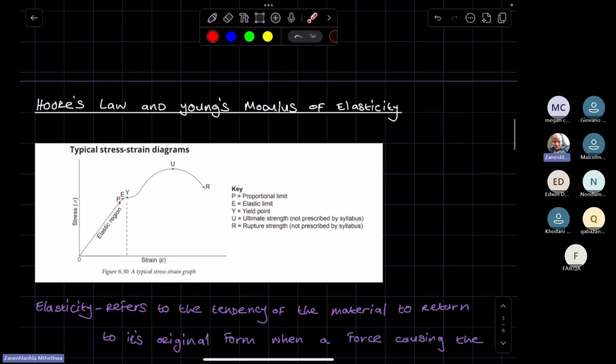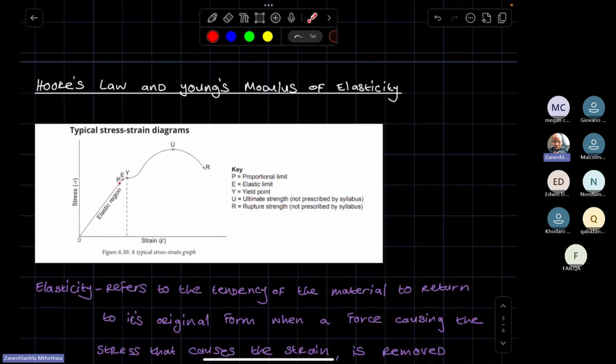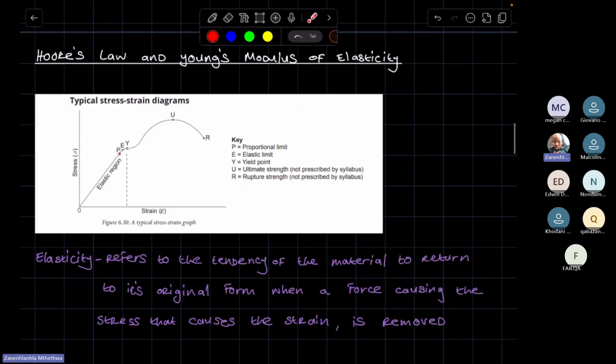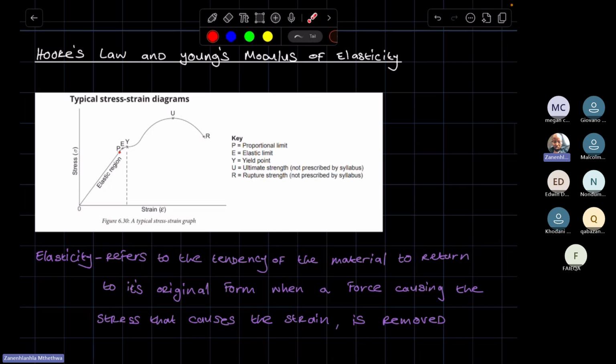No, sir. Right. Now, let us get into some of the properties that are important for stress and strain at this level, as in engineering science N4. By doing so, we have to do so in conjunction with this stress strain graph. Now, if you look at this stress strain graph, on the y-axis you have stress, on the x-axis you have strain.